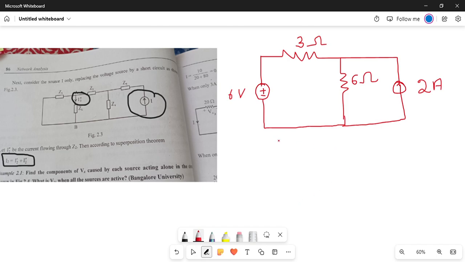For this diagram we are supposed to find the current flowing through the 6 ohm resistance, so now I must be found. What is I? I is the voltage or current across any element, right? According to the definition of the superposition theorem, it is the voltage or current across any element. So that is your I. What is your I? The current across any element.